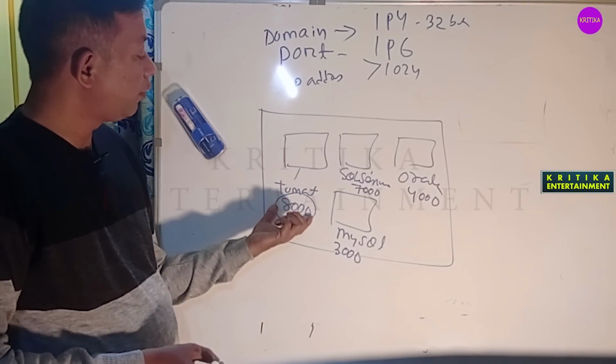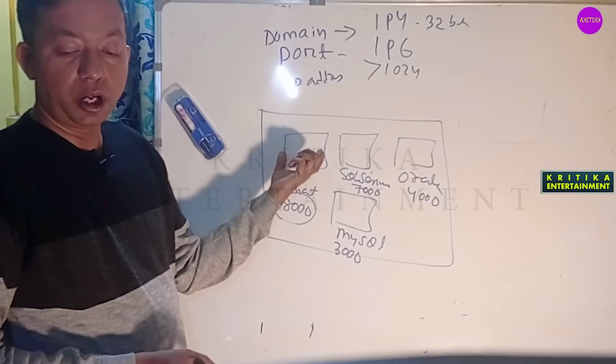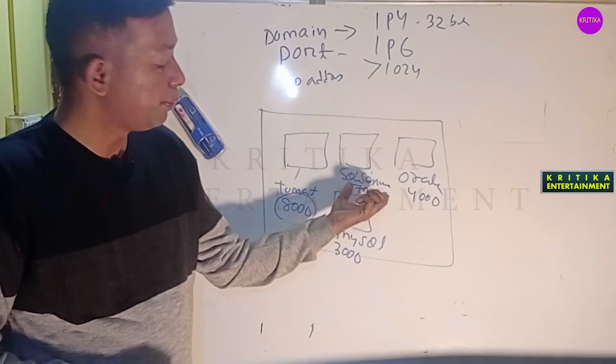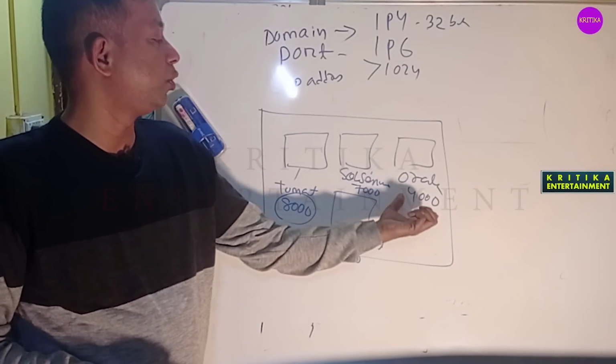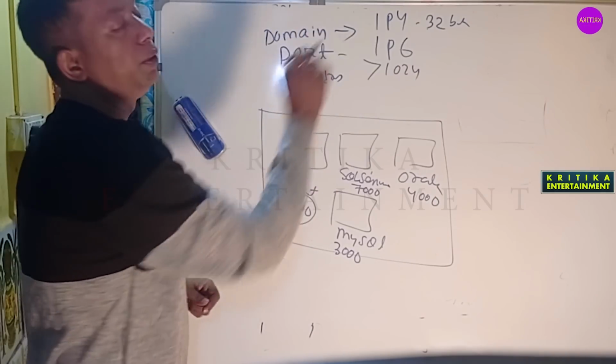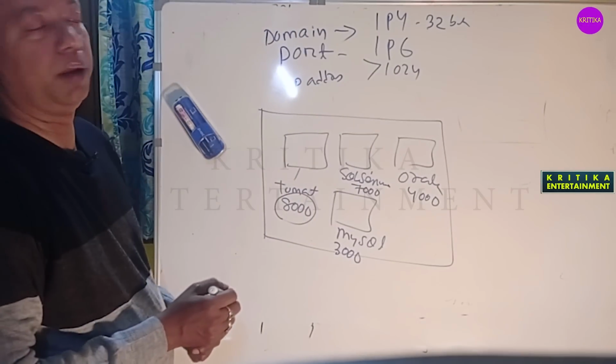When you call 8000, the Tomcat server runs. When you call 7000, the SQL server runs. So the port number is used to reach the program.